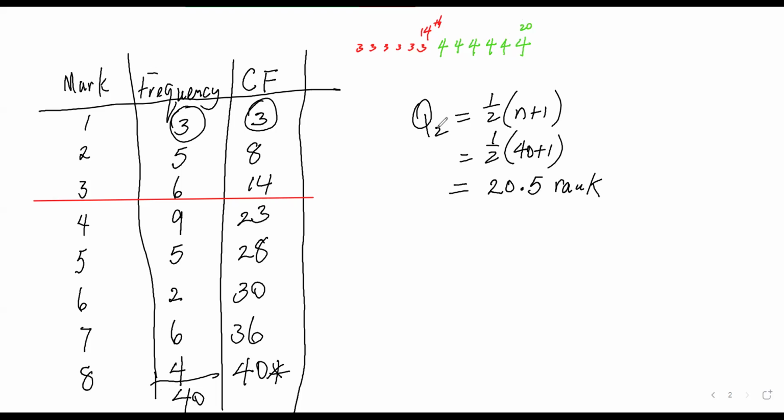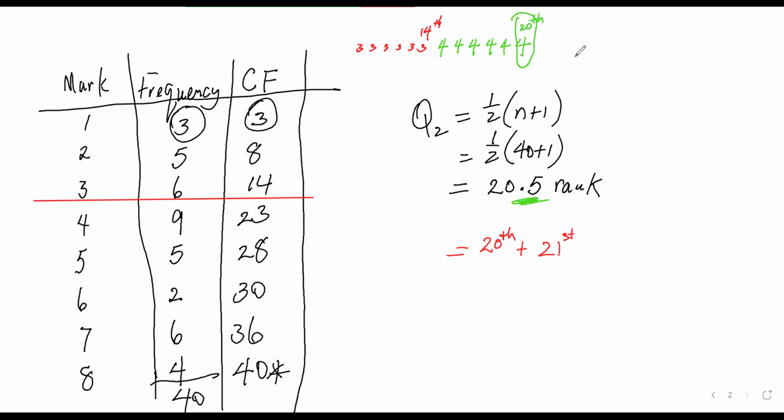Everybody understands that? So we have to look at the 20th number and what else? Because it's 20.5, I have to look at the 20th number and the 21st, because your rank will be between the 20th and the 21st. What will be the 20th number?